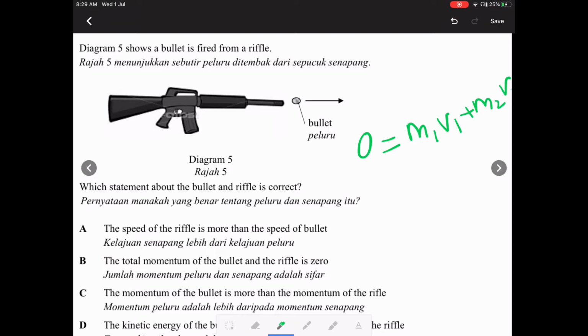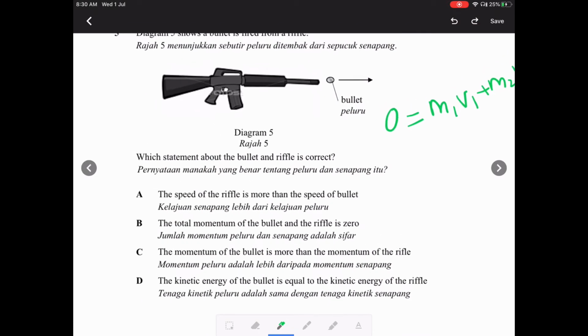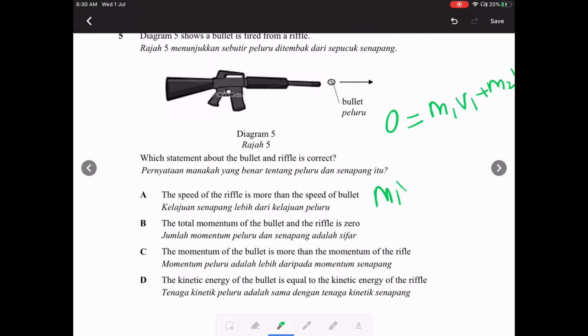Jadi bermakna M1V1 sama dengan M2V2. Okey. So maknanya M1V1 sama dengan M2V2. So the speed of rifle is more than the bullet. Okey, disebabkan M untuk bullet. Okey, katalah ini saya ambil untuk bullet. Okey. So yang kedua ni saya ambil untuk rifle.